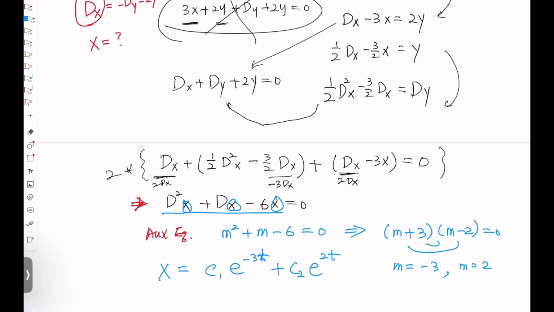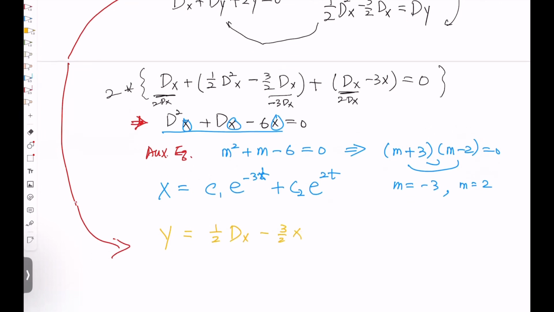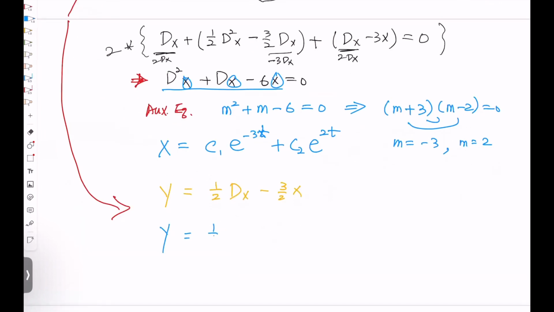And then we need to find y. y equals 1 over 2 Dx minus 3 over 2 x. Therefore, y equals 1 over 2 times the derivative of x, so negative 3c1 e to the negative 3t plus 2c2 e to the 2t, minus 3 over 2 x.